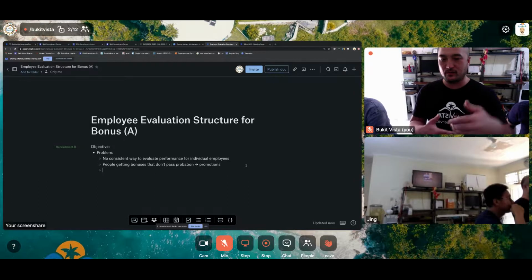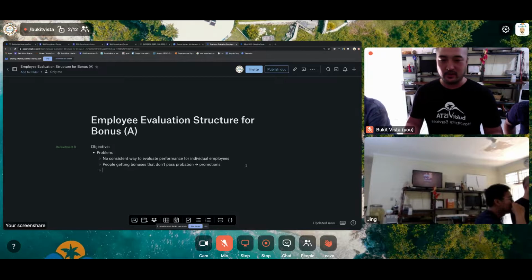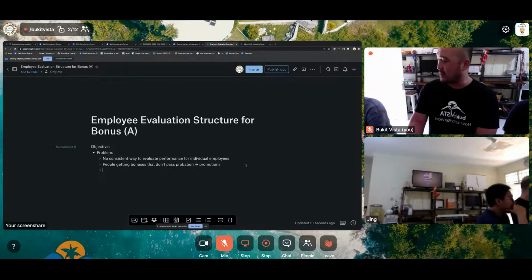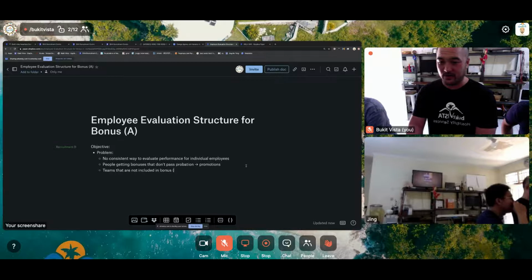Each bonus should essentially be a positive signal that says you are working correctly on the correct path towards career. Okay, what's another problem? Do we have any other problems? Like people that don't have bonus. Teams that are not included in bonus, such as what?